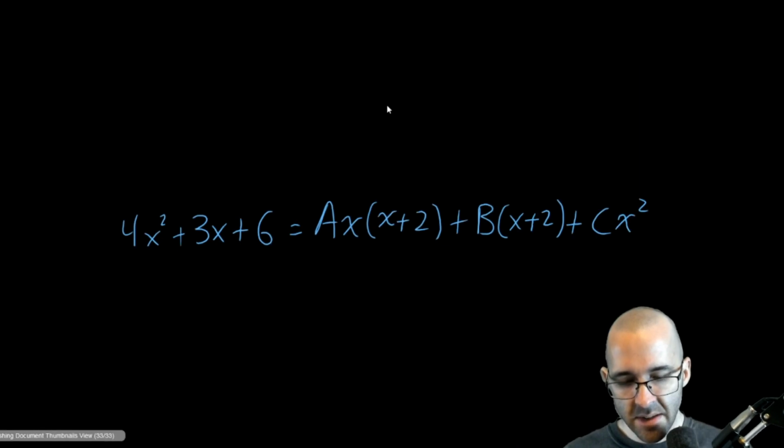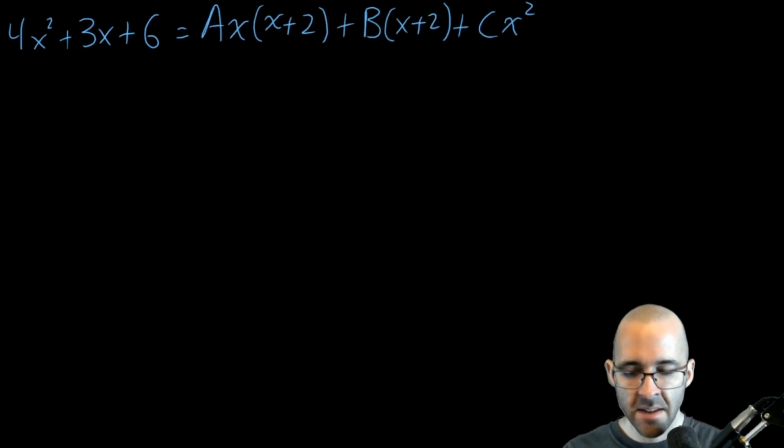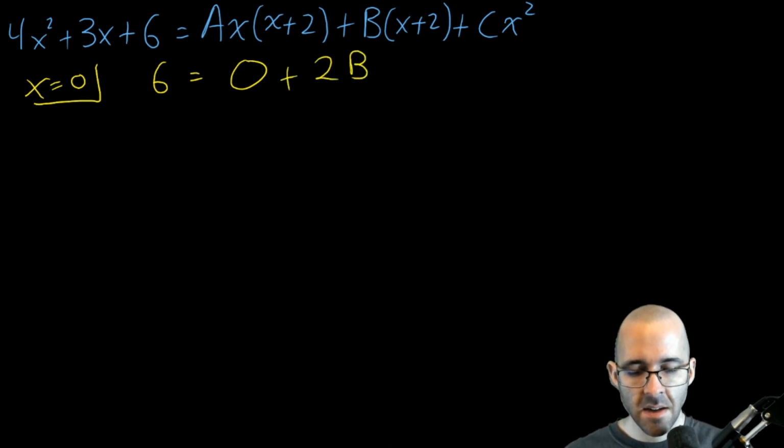Now we'll use strategic substitution where we can to make things easier. If x is equal to 0, we just get 6 is equal to 0 plus 2B plus 0. Great, B is 3.